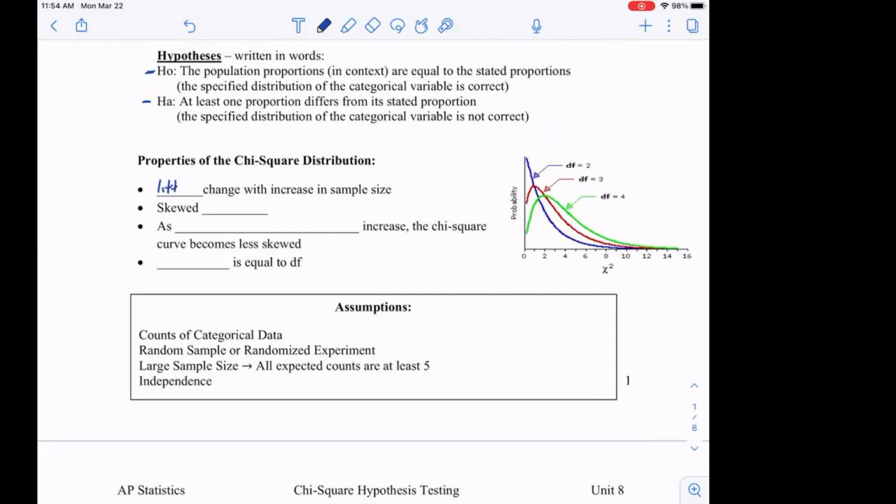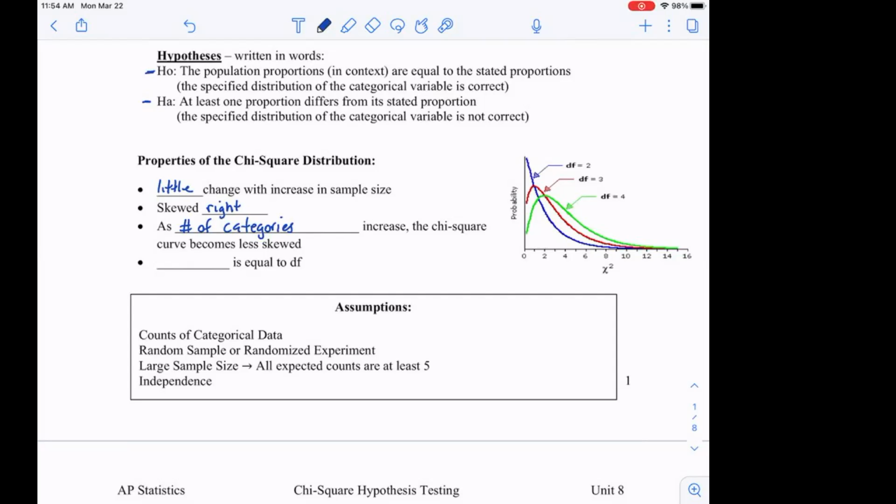The sample size doesn't have really anything to do with my degrees of freedom on this, so there's little change with the increase in sample size. As the number of categories increases, the chi-squared curve becomes less skewed.